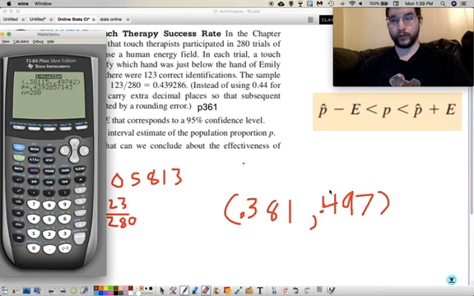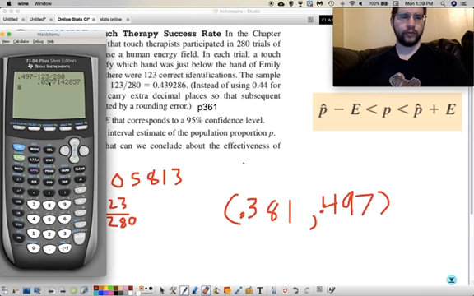So if you actually needed the margin of error, like for part A, what you could do is find the interval and then just take your upper bound here, 0.497, and subtract P hat. And that'll give you your margin of error.